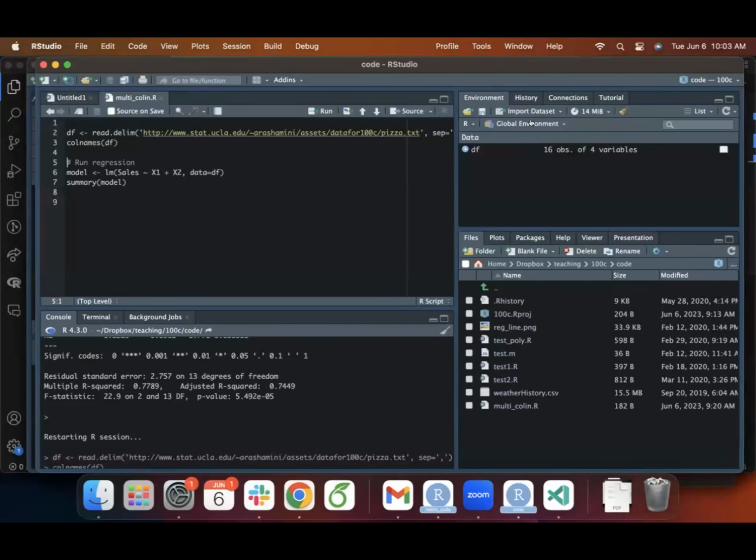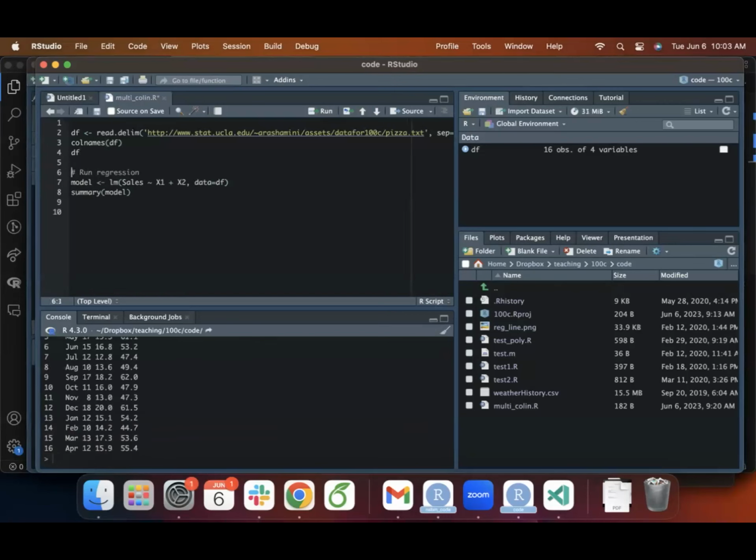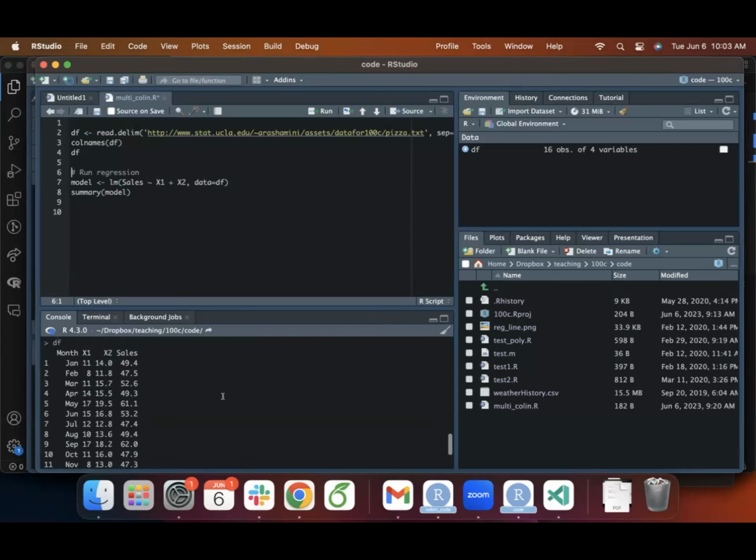Okay, so column names are month, X1, X2, and sales. You can see the data. So for different months you get, so one of them is the sales, one of them is the cost. I guess this is the number of advertisements. The other, X2, is the price, and sales is in thousands of dollars. Okay, so I want to predict sales based on X1 and X2.